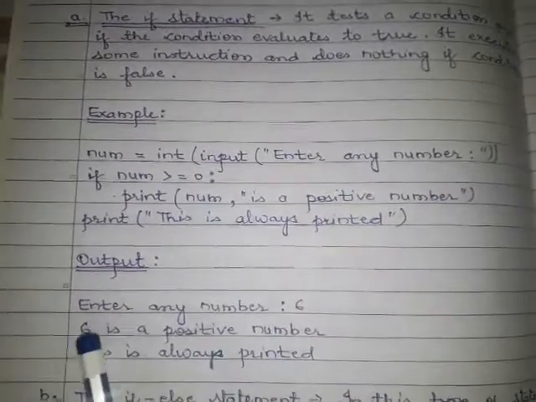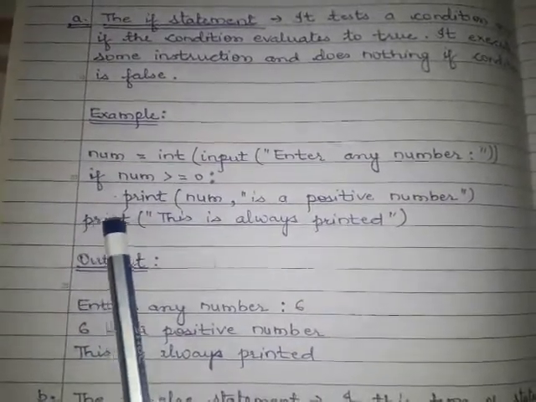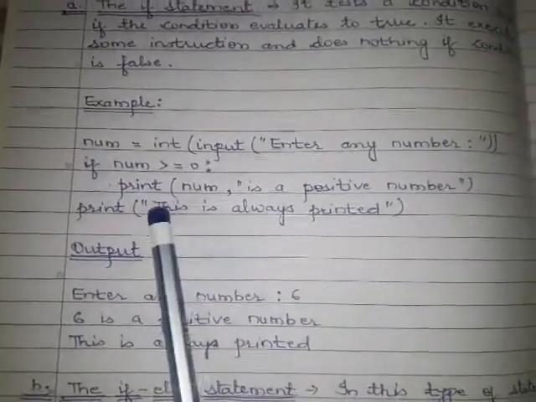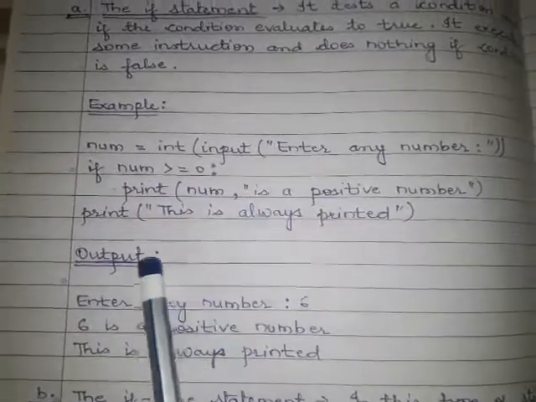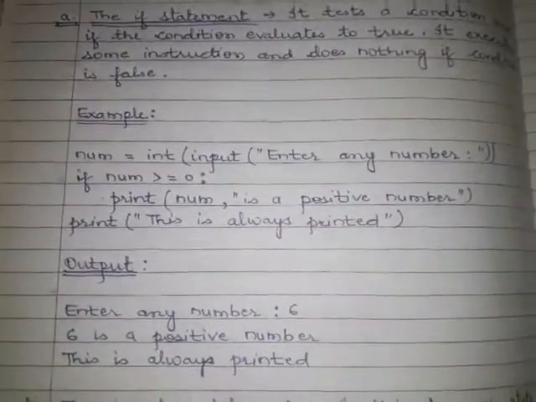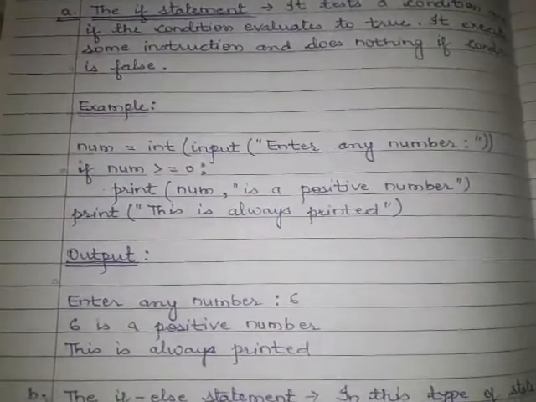The value of number is printed over here. And this print statement is outside the if block, so it is always printed. So this is an example of a simple if statement. If the condition is true, it will be executed. If it is false, it will be ignored.